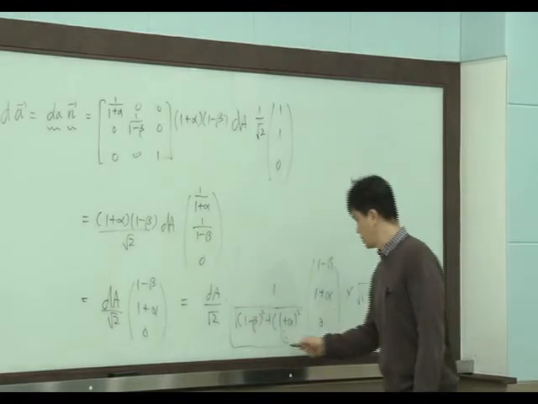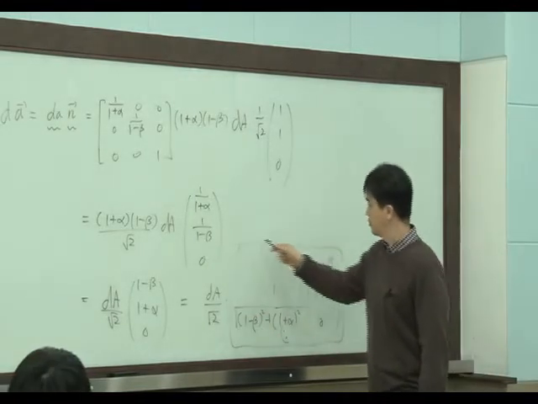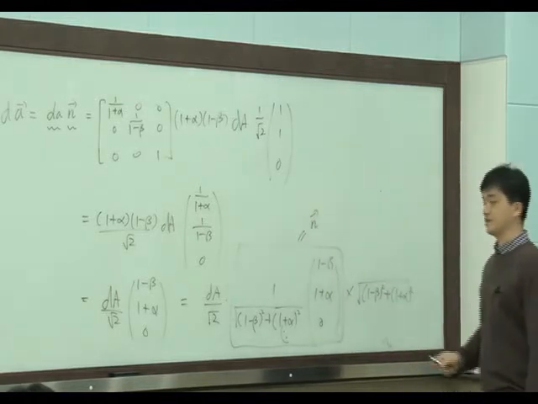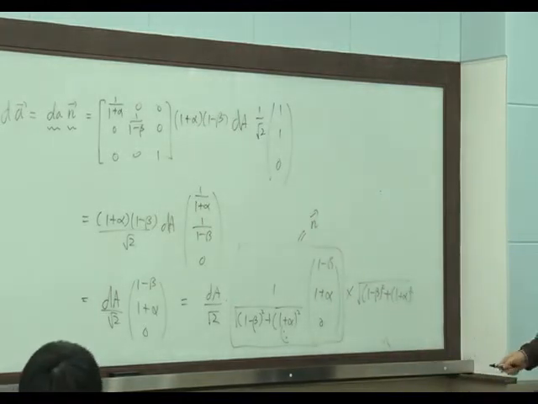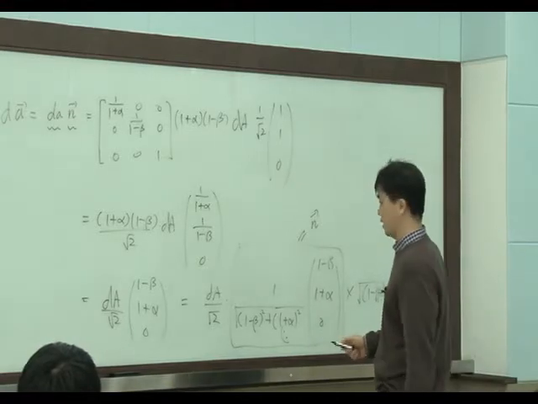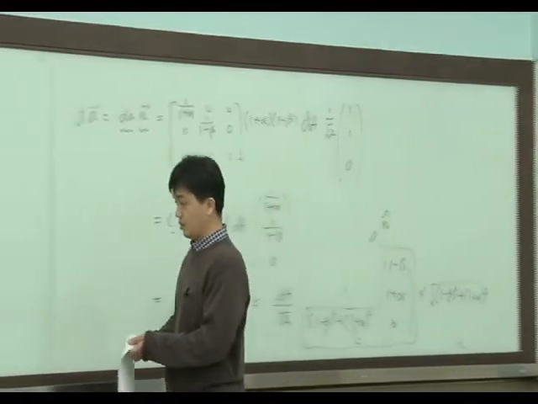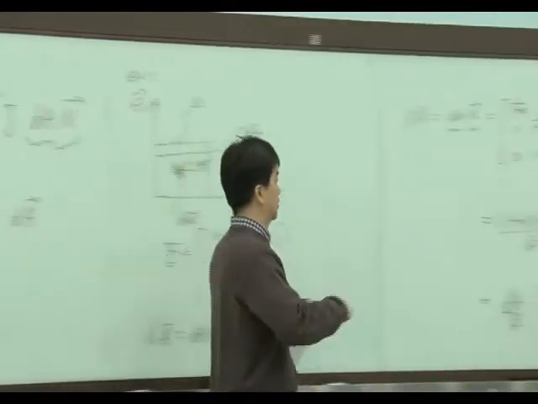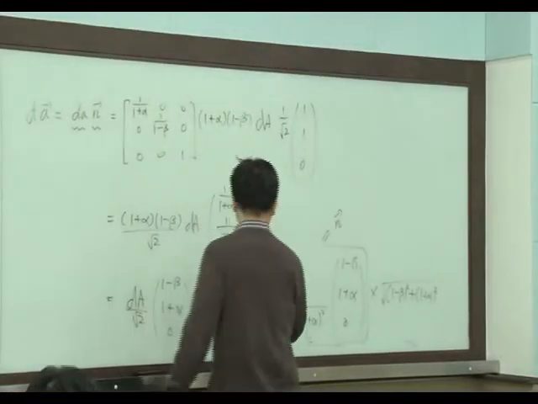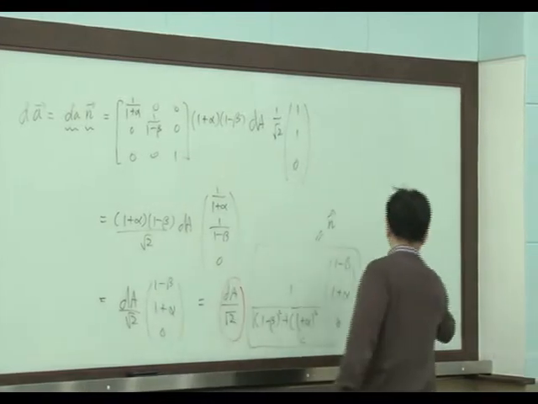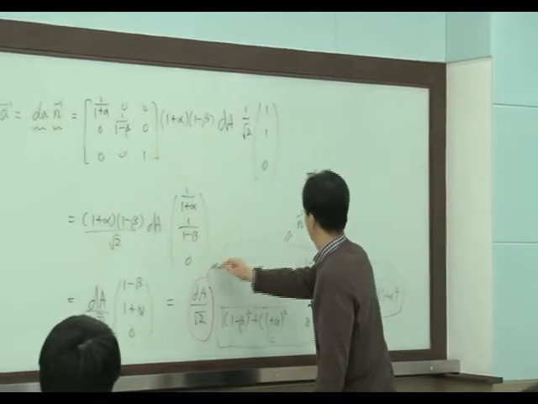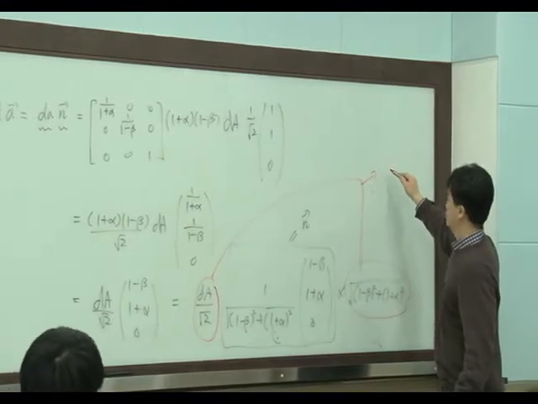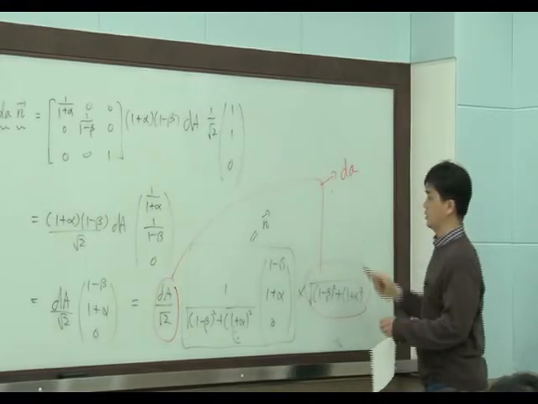So all of this term is equal to the n direction, and the other three give us the magnitude of the surface, dA.